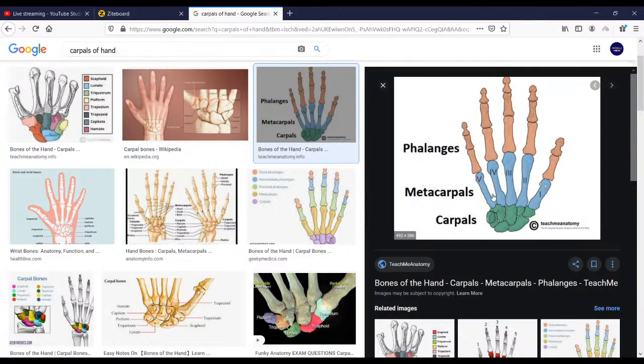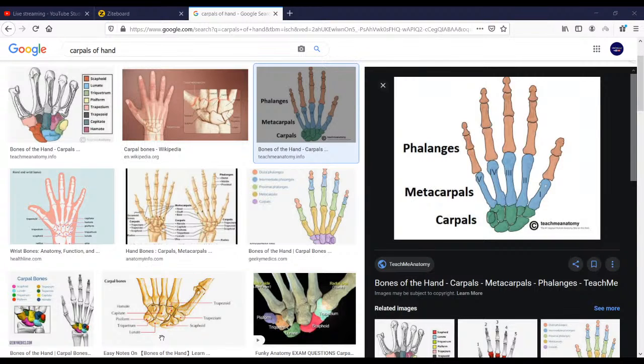Okay, the down one which connects to the carpal is the metacarpal. So their number is what I have mentioned, that is carpals is 8 plus 8, 16, metacarpal 5 plus 5, 10, phalanges 14 plus 14, 28.